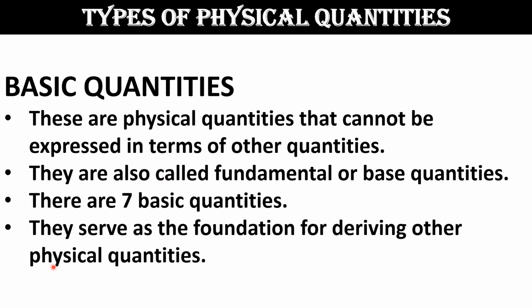So, as their name suggests, they are basic quantities, so they serve as the foundation for obtaining or deriving other physical quantities. So think about other physical quantities, which we call derived quantities. These are obtained by either dividing or multiplying any 2 or more basic quantities.